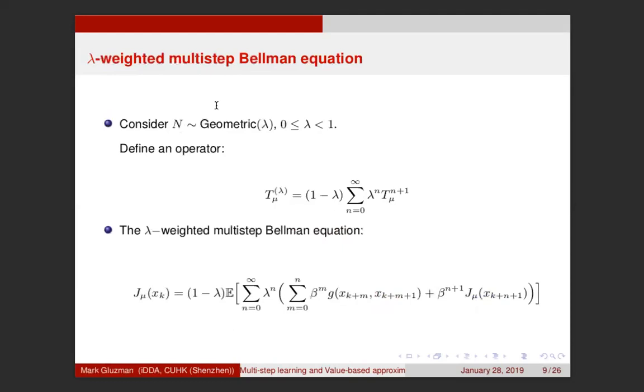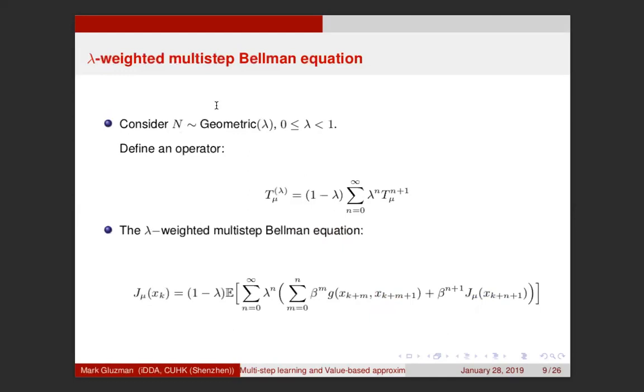Why do we consider the following lambda-weighted multi-step Bellman equation? In this case, instead of choosing some specific n, we can vary lambda from 0 to 1. Also, there is better variance.